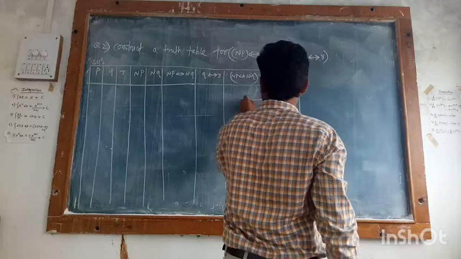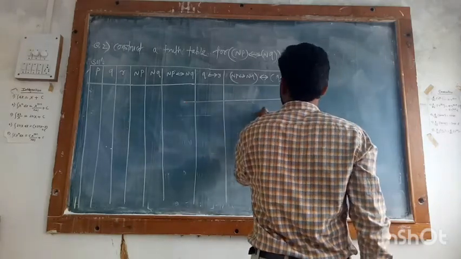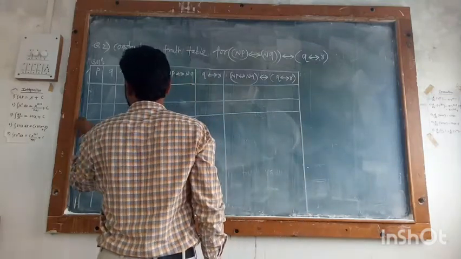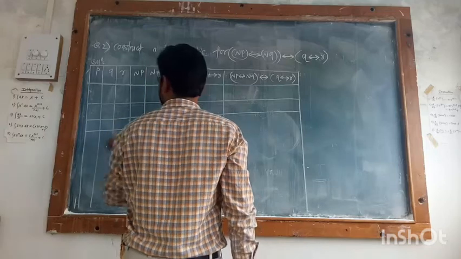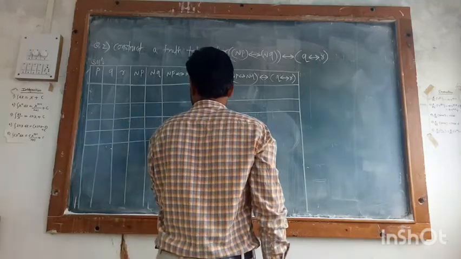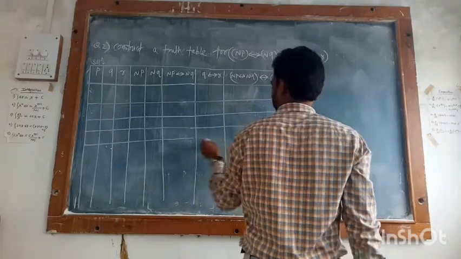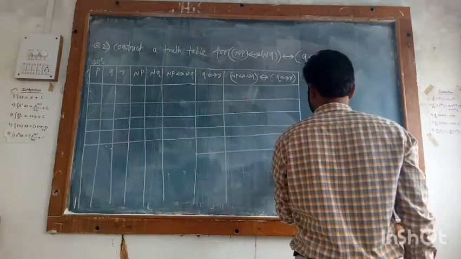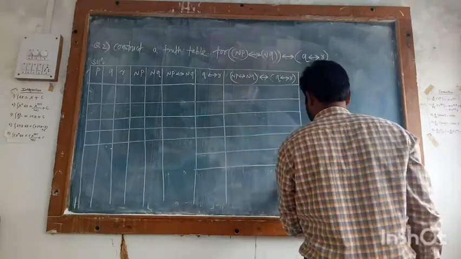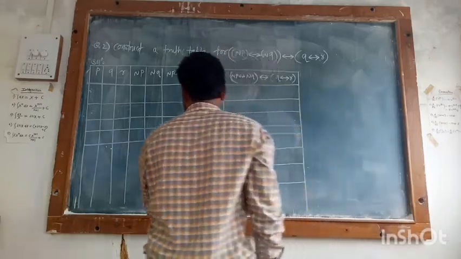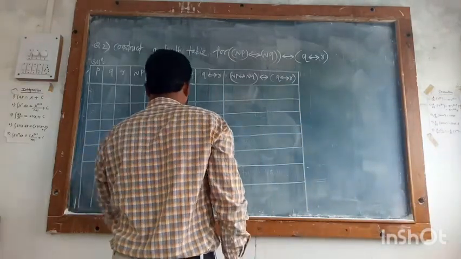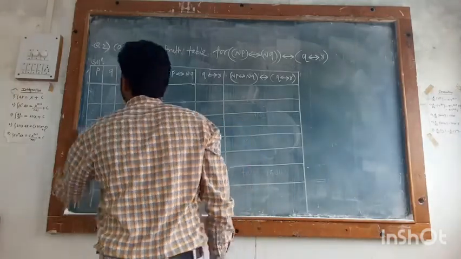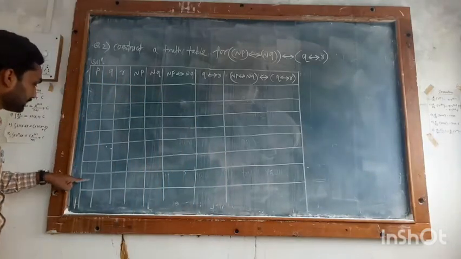So there are 8 rows, right? And 1, 2, 3, 4, 5, 6, 7, 8.